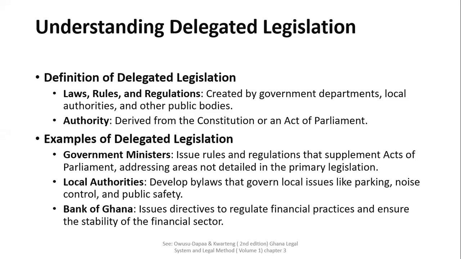So examples of delegated legislation, as we said: government ministers or ministries may make delegated legislation pursuant to primary legislation. So there will be a parent legislation, and that parent legislation says that a particular ministry or particular minister may make delegated legislation in the form of maybe a legislative instrument, so as to provide rules and regulations to supplement things stated in the parent legislation or the acts of Parliament.